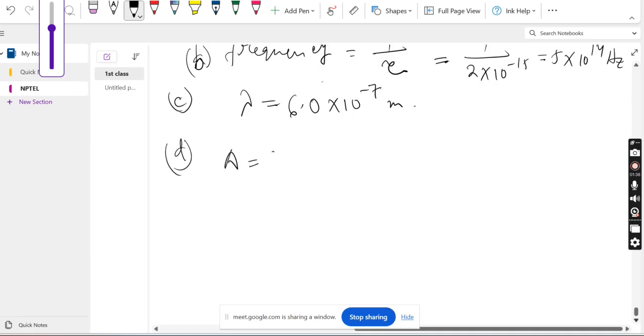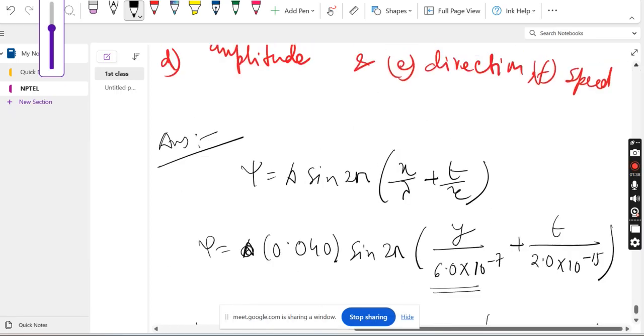And the amplitude is 0.040. You can see that this is the amplitude.